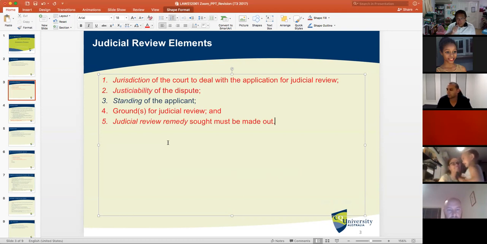This is a crucial point. Let me reiterate that. For the ADJR Act to be available as a basis for the court to have jurisdiction in relation to an application for judicial review, there must be an administrative decision, and the administrative decision must have been made under an enactment.